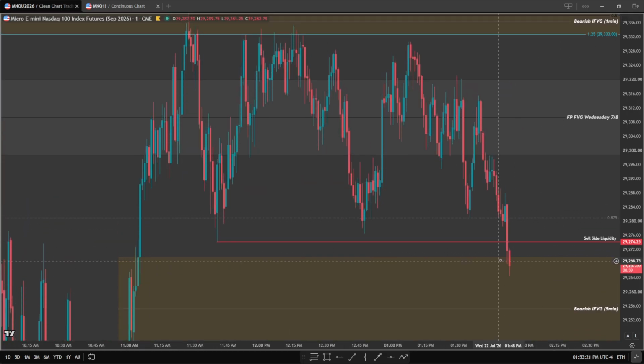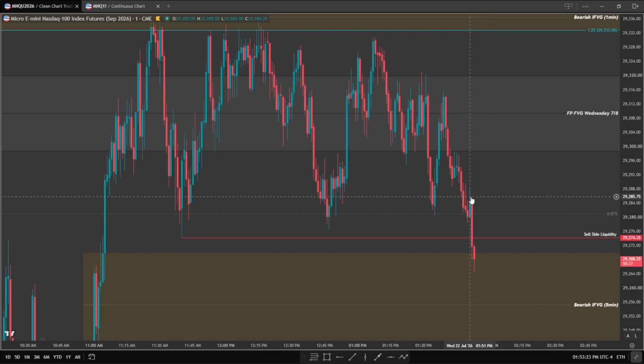It is really annoying because I could potentially have a decent little profit here if I hadn't gotten out break even so early, if I had actually waited for that low to break.